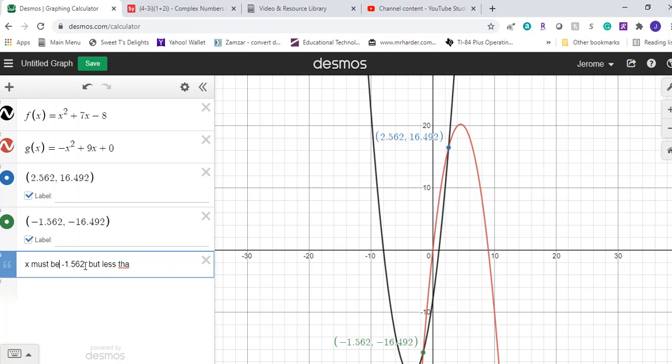So x must be negative 1.562 to 2.562 for the inequality to be true.